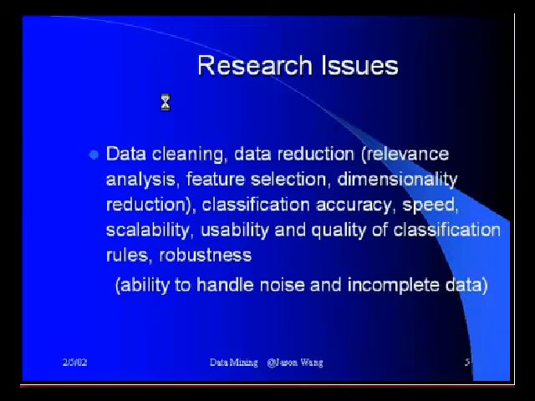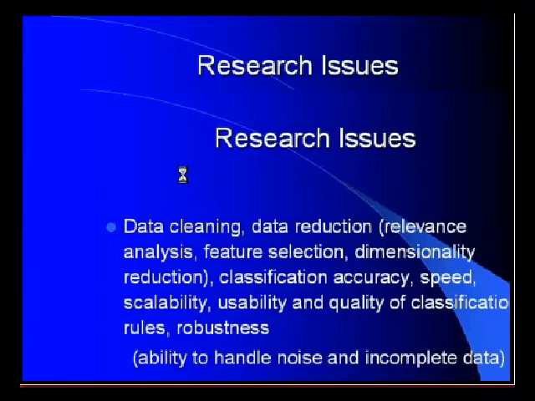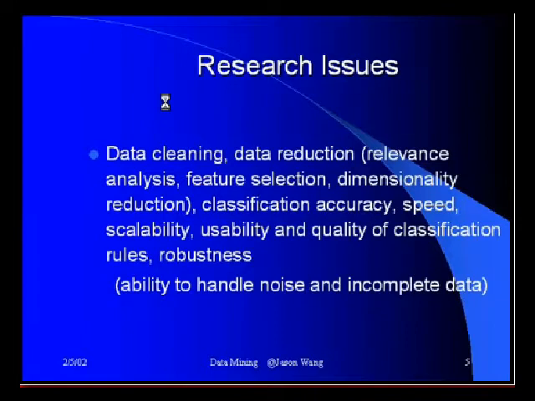Scalability. Many classifiers work very well in small data sets, but when the data sets become large, the classifier just collapses. So how to develop scalable classifiers? That is, a classifier that can work well in large data sets is also an important research topic. The classifier should be usable, and the quality of the classifier should be high.